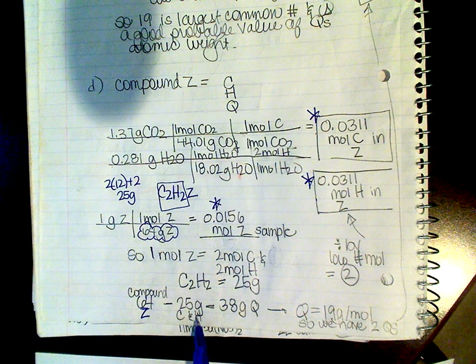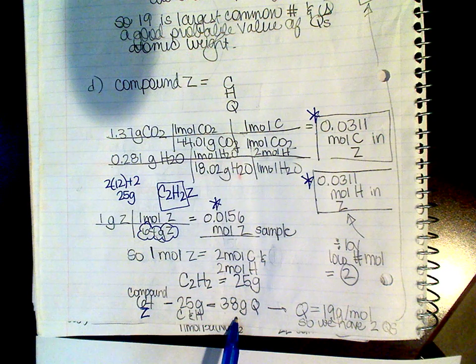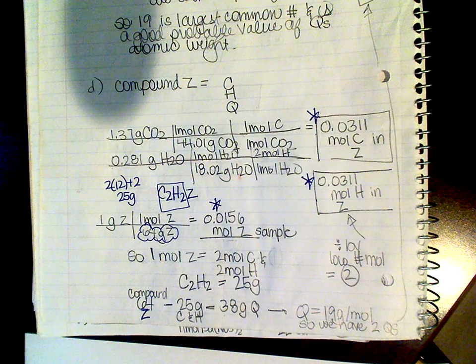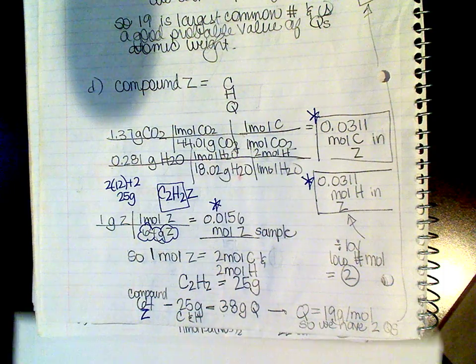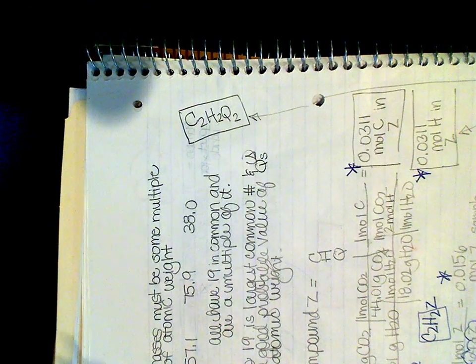So I would do 24 plus 2, around 25. So that gives me 38 grams of Q. I know that Q's atomic weight is about 19 from the previous problem. So that means there's about 2 Q's that are going to be in my formula. So up here, I have written the formula out: C2H2Q2.